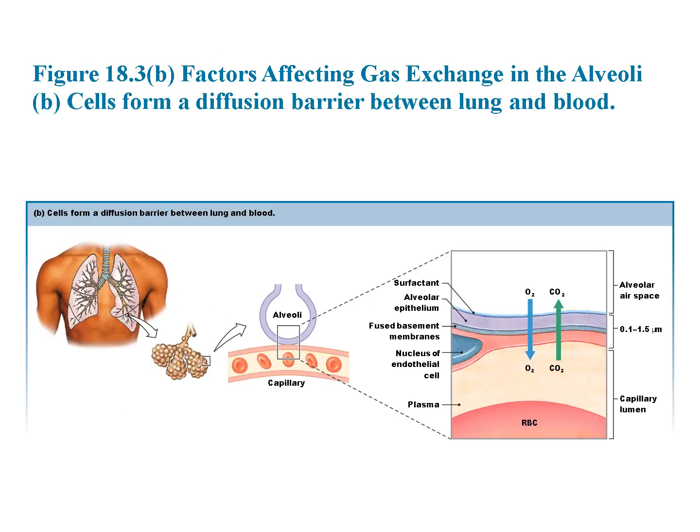Gas exchange in the alveoli is a critical process that allows oxygen to enter the bloodstream and carbon dioxide to be expelled from the body. This exchange occurs across a thin barrier between the alveoli and the capillaries, ensuring efficient diffusion of gases. The alveolar walls are lined with a thin layer of surfactant, which reduces surface tension and helps keep the alveoli open.